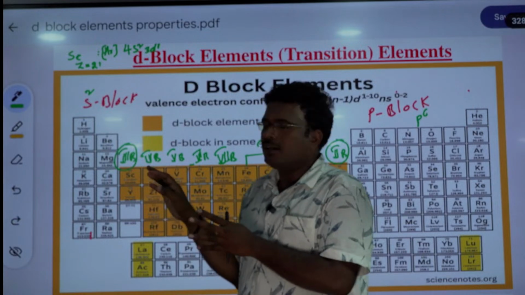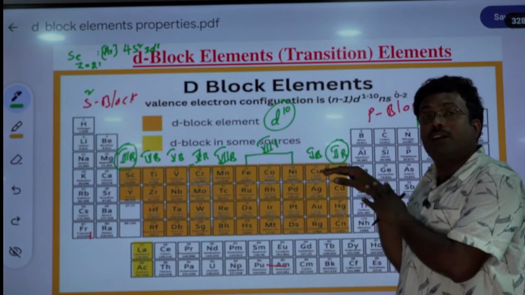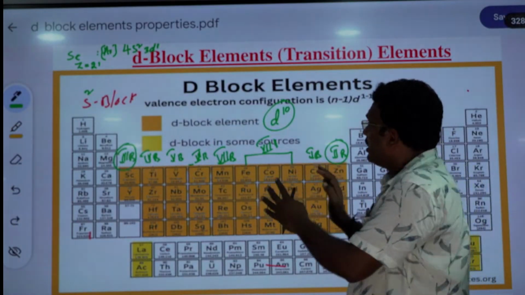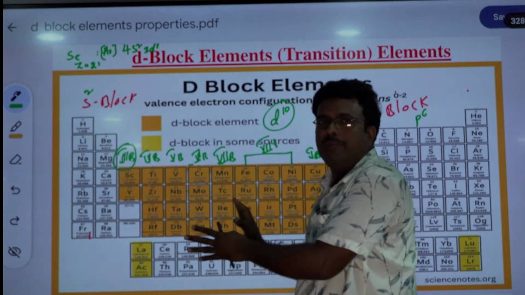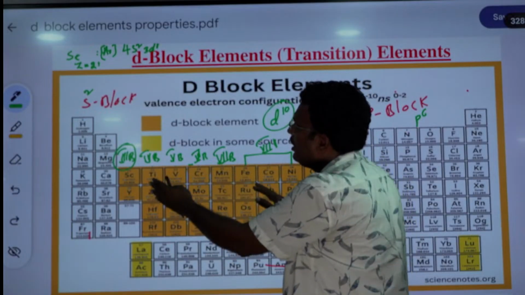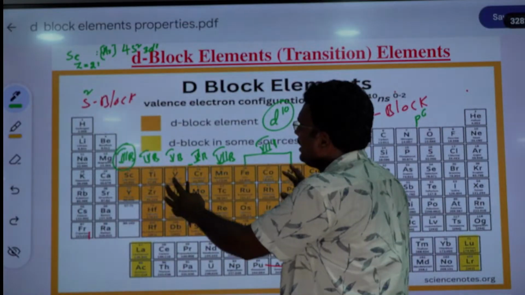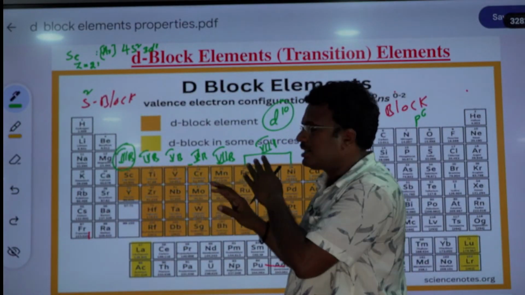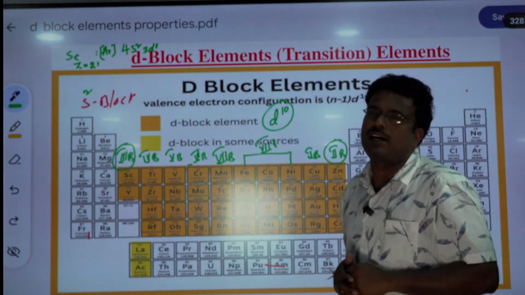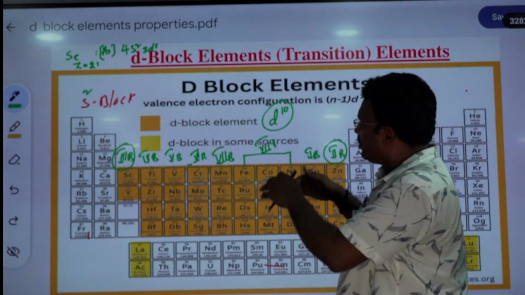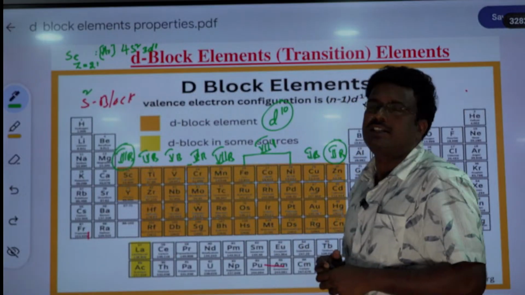In the P block, metalloids are present. But in the D block, they are transition elements because the electron configuration is unfilled, not fully filled. So unfilled orbitals are present in the D block. That's why the special characters are there. What are the characteristics of the D block?